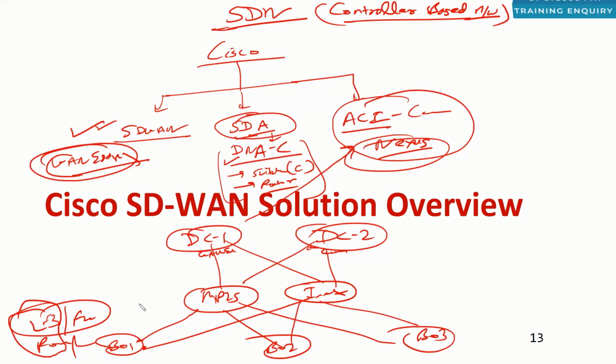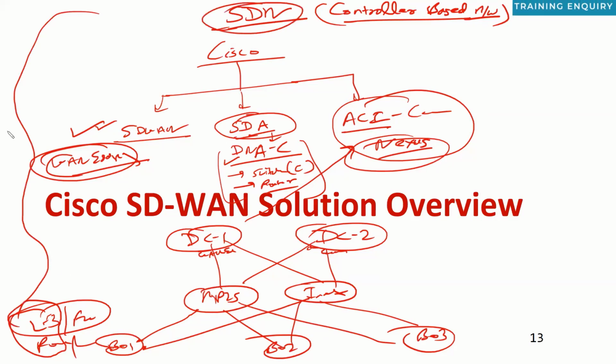So that's where the DNA controller will come into the picture. Cisco is providing you an end-to-end solution for software-defined networking: SDN for data centers, SDN for LAN devices, and SDN for managed routers. That's what you have as of today.